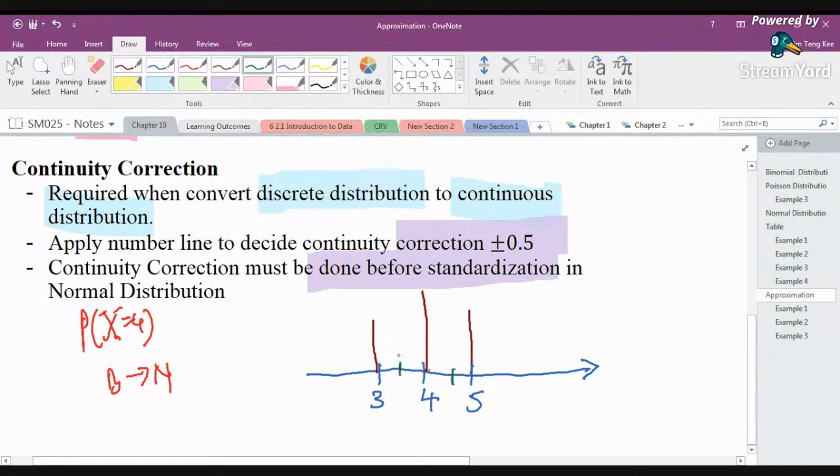Like what I'm doing now, I construct a bar for x equals to 4. And now the shaded region for the bar will be the approximation we're referring to for the probability for x equals to 4.